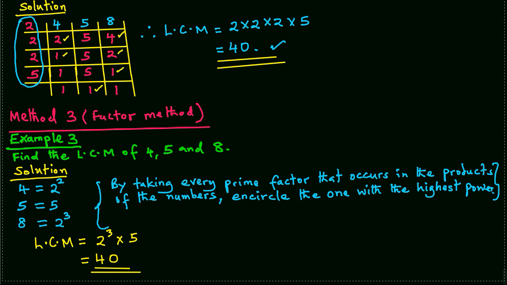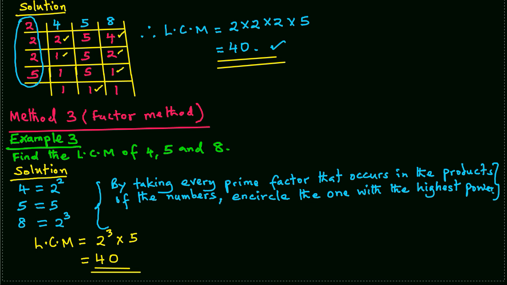Our last method is the factor method. Again, in this case, we express each number as a product of its prime factors, and then by taking every prime factor that occurs in the products of the numbers, we encircle the one with the highest power.